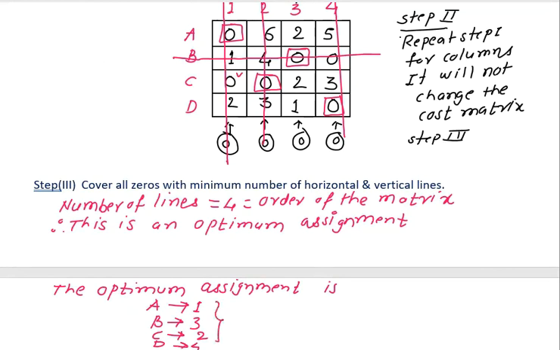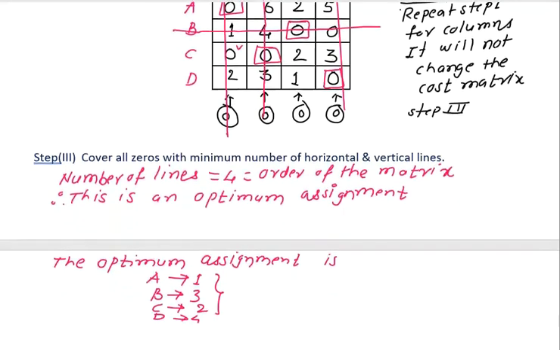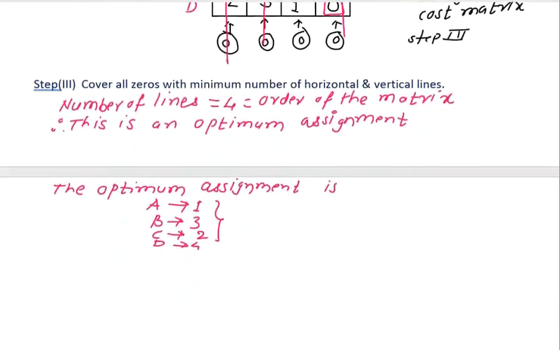This is the optimum assignment. A is assigned with 1, B with 3, C with 2, and D with 4.